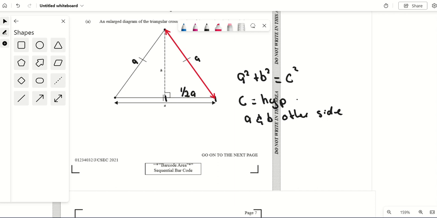So my hypotenuse is equal to A. My other side, you can either label it A or B. I'm going to label it A. So A, not A. That might confuse you guys. So your hypotenuse is A. And B, right, is equal to half A. And in your formula, A is equal to your height.